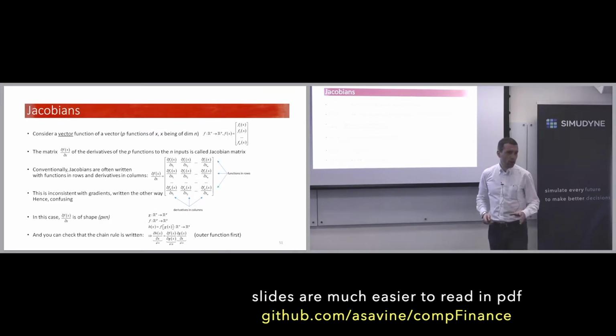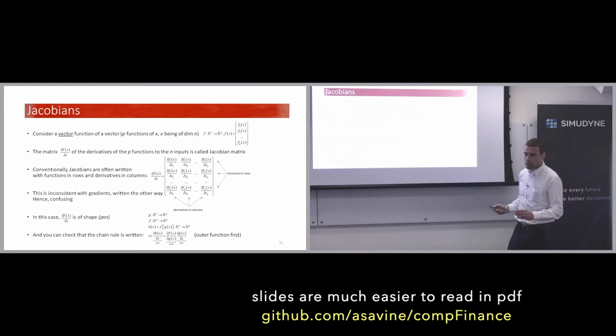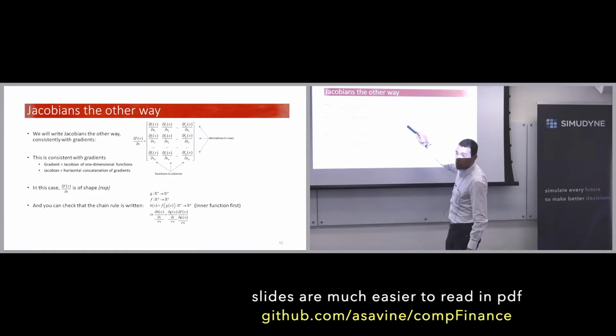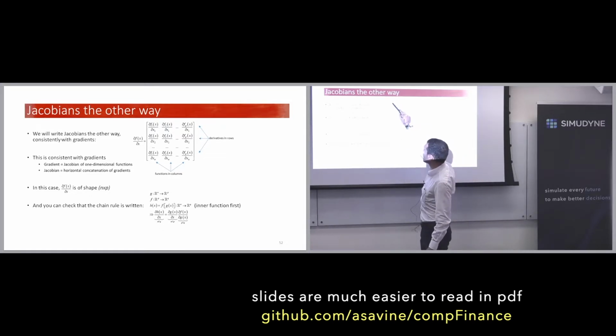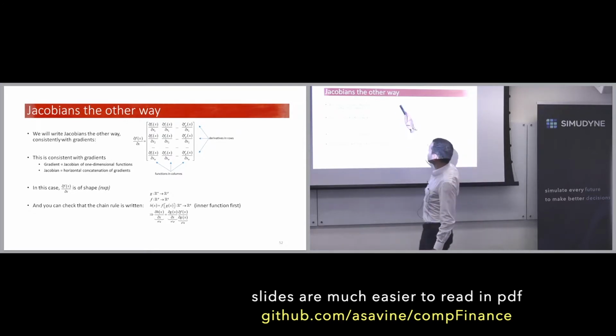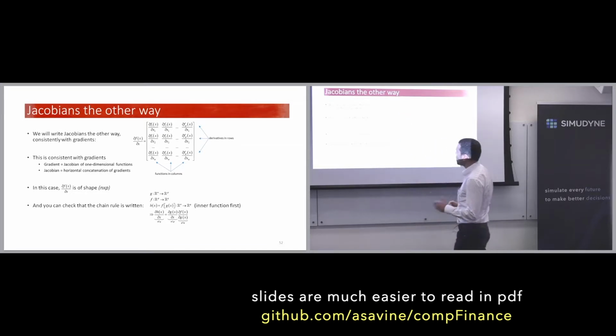But in order to avoid confusion between Jacobians and gradients, I'm going to use them the other way around. So we will write Jacobians consistently with gradients, with derivatives in rows and functions in columns. So the first column will be for the first output, the second column will be for the second output, etc. And in rows, I will have the d over dx1, d over dx2, up to d over dxn.